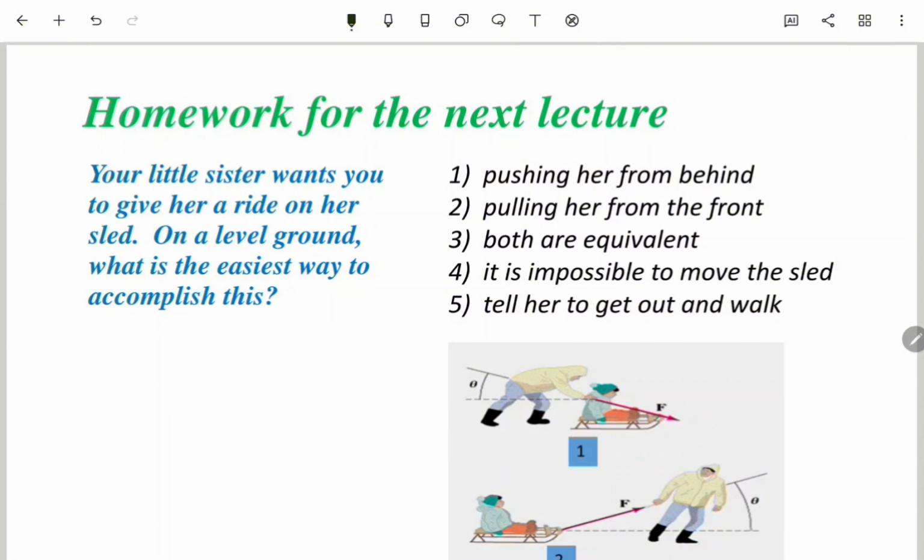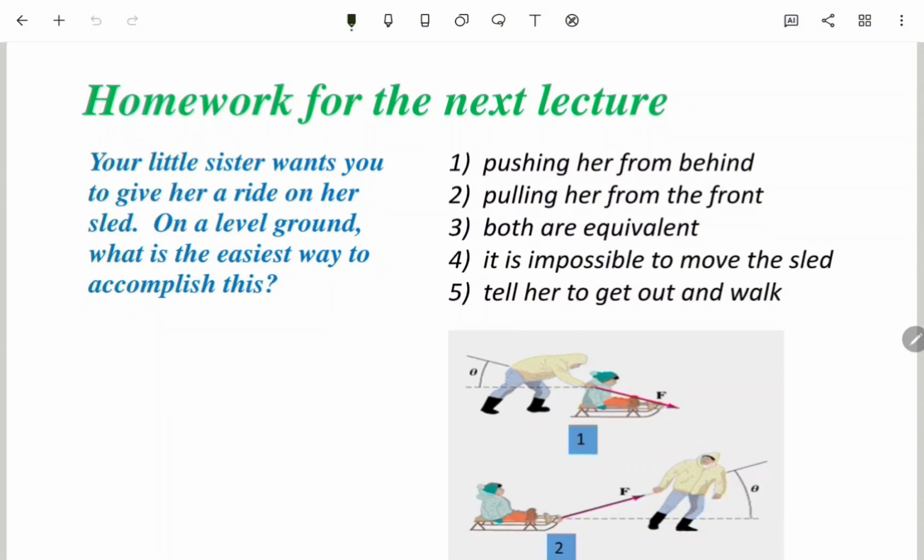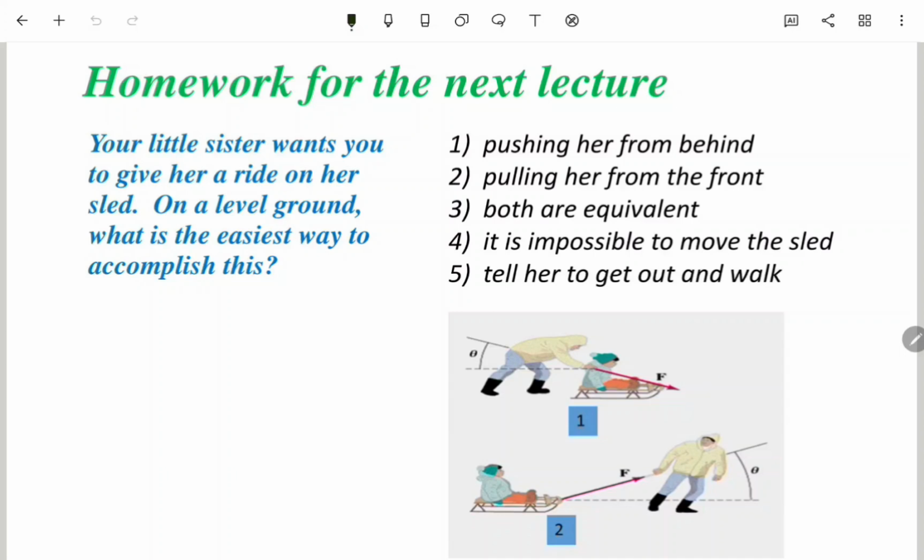As homework for the next lecture, I need you to think of this situation, although we didn't discuss everything in here, and our next lecture will start with it. So your little sister wants you to give her a ride on her sled. On level ground, what is the easiest way to accomplish this?